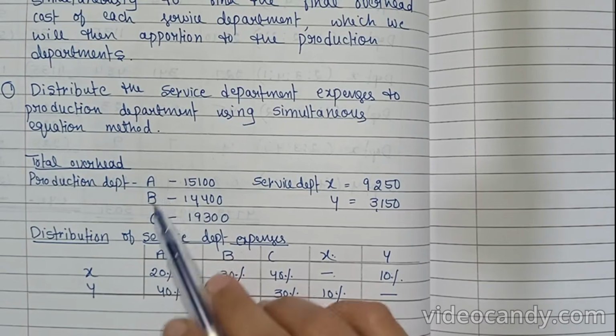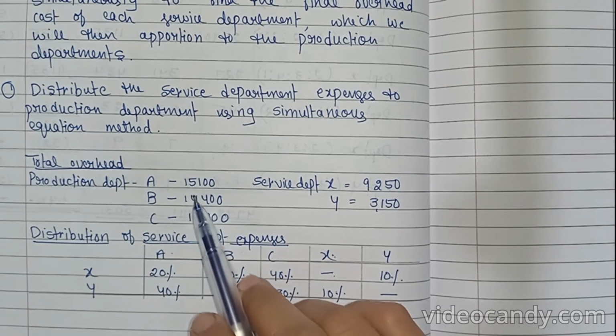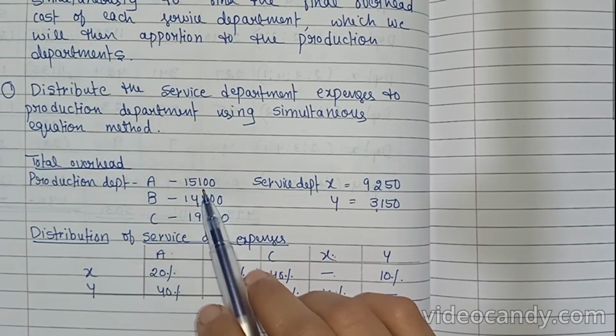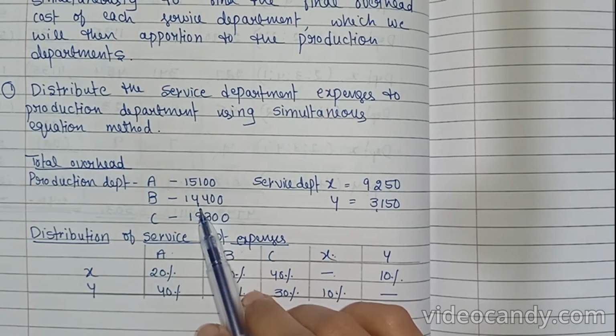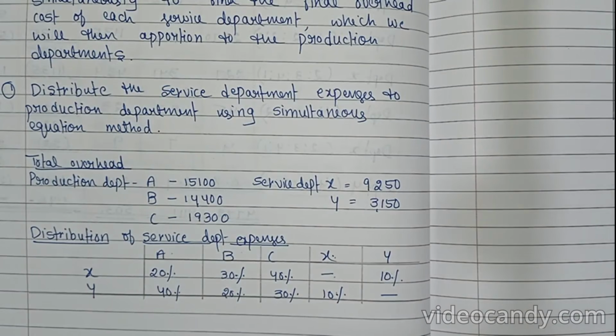So A, B, C production departments' overhead cost as per the primary distribution summary is 15,100, 14,400 and 19,300. And service department overhead, that is 9,250 and 3,150. Clear?